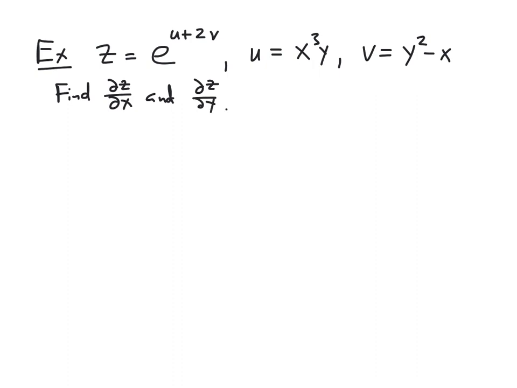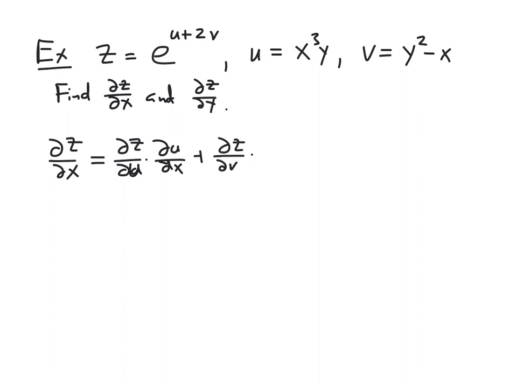All right, so we have our chain rule. We know del z, del x is going to be del z, del u multiplied by del u, del x, and adding to that del z, del v multiplied by del v, del x.